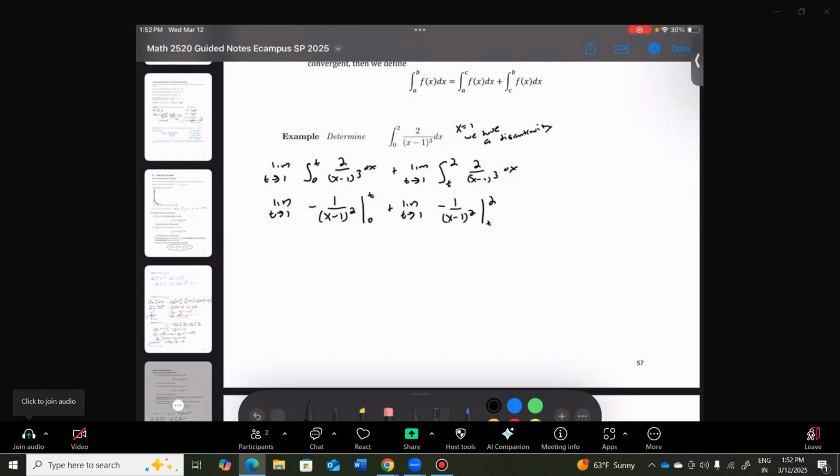Alright, so we'll do the integral. Those are called limits too.